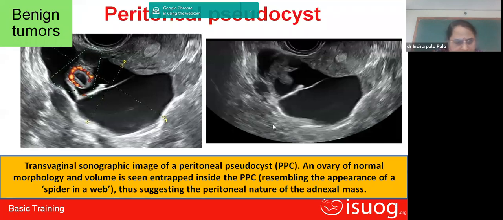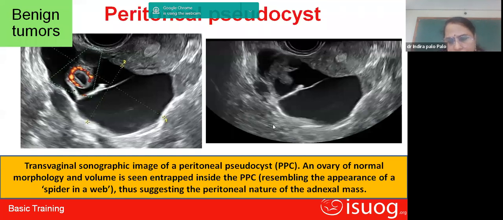It resembles a spider in web, and you have to do a lot of tests. Usually, if you carefully observe, the septa will attach to the bowels and other parts of the omentum. It doesn't attach to one part of the ovary.